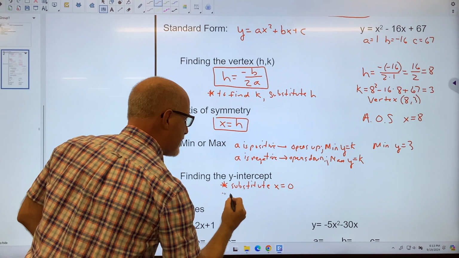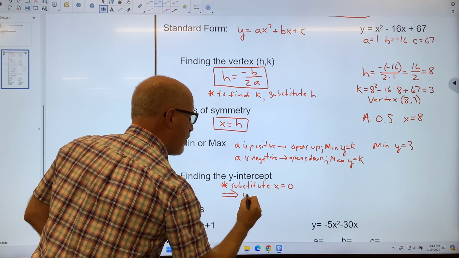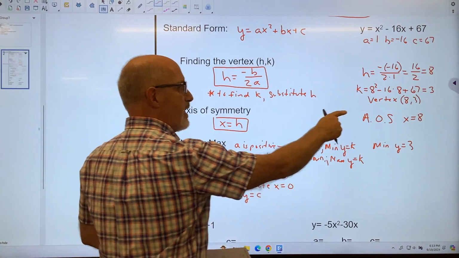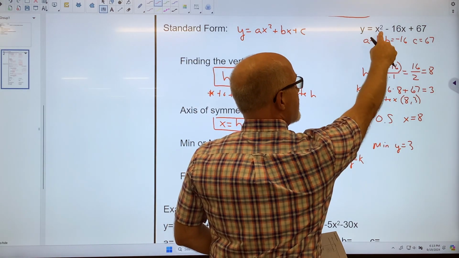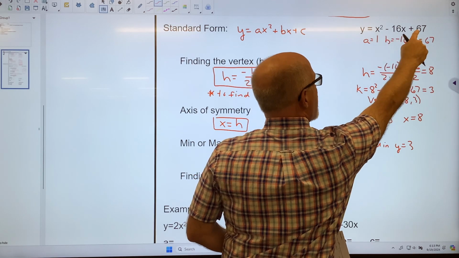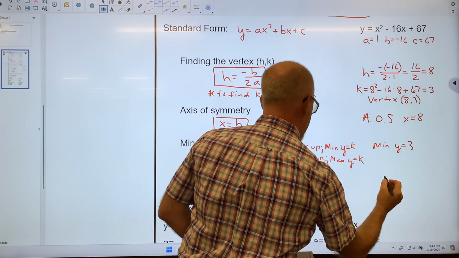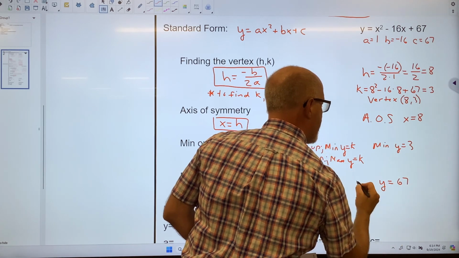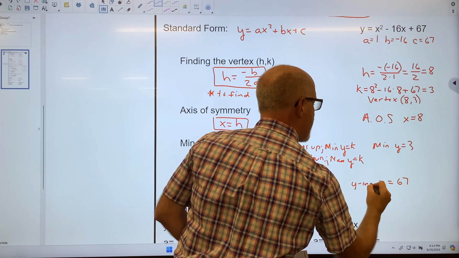So for the y-intercept, the y is always the c value in that original. So over here, if you put in 0 for x, you get 0 there, 0 there. My y-intercept will just be y equals 67 for my y-intercept.